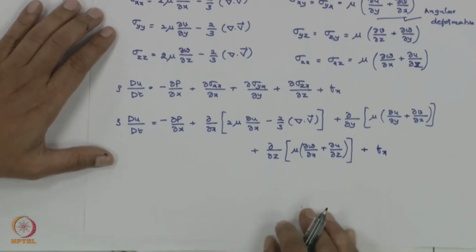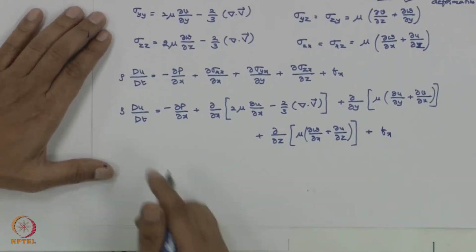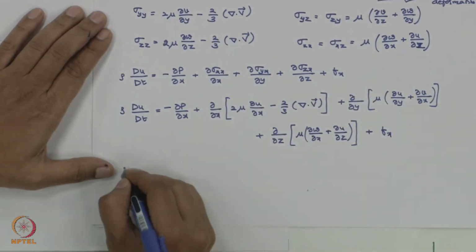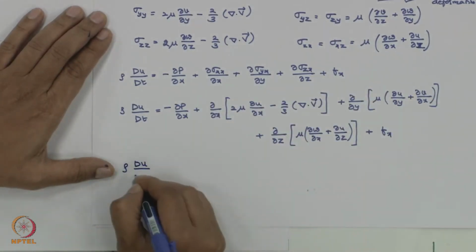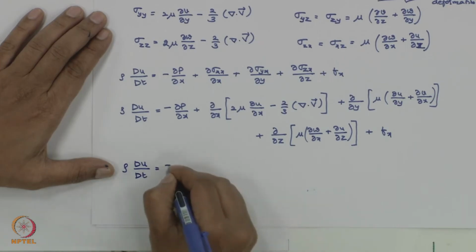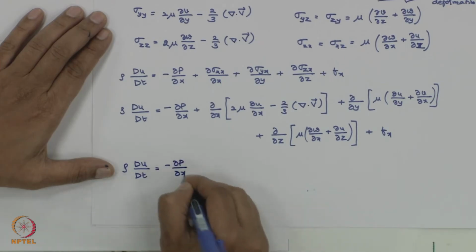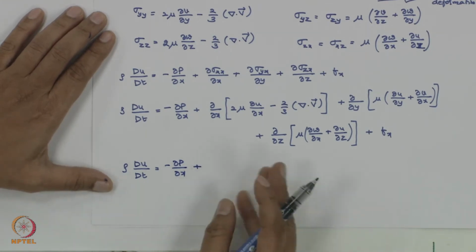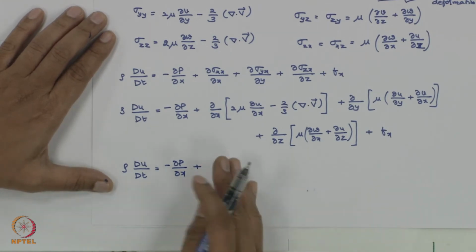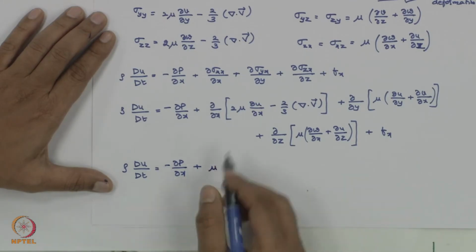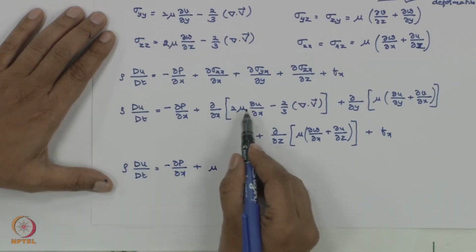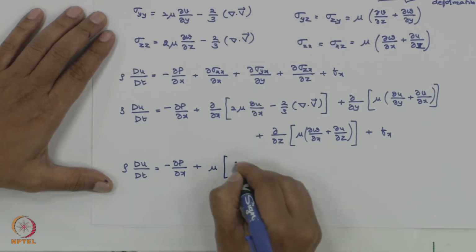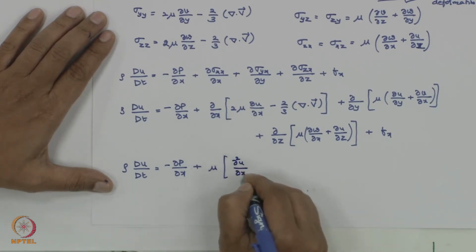Okay, so we need to do minor algebra, 1 or 2 steps, but we will be there. So now we can see everything in velocities. So rho du by dt is equal to minus del p by del x plus, I am assuming the viscosity is constant, so I am pulling out mu, there is 2 del squared u by del x squared, I am writing only one, that is del squared u by del x squared.